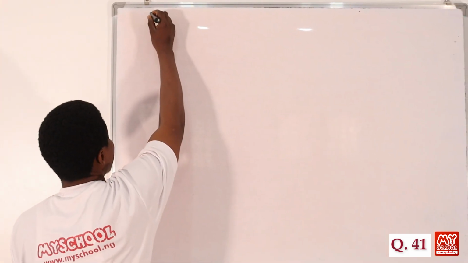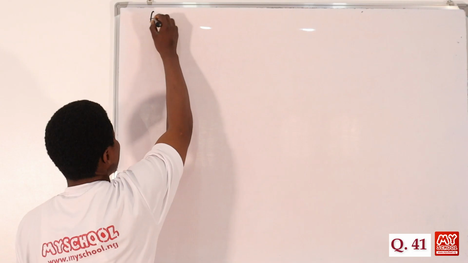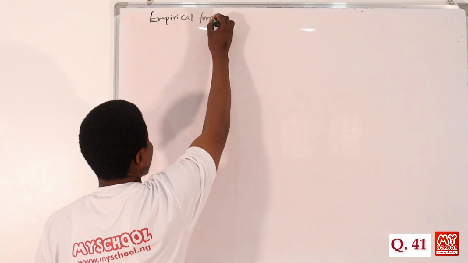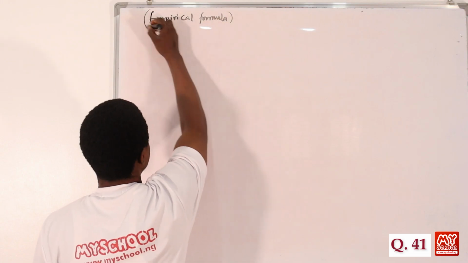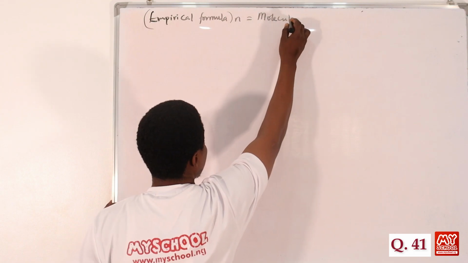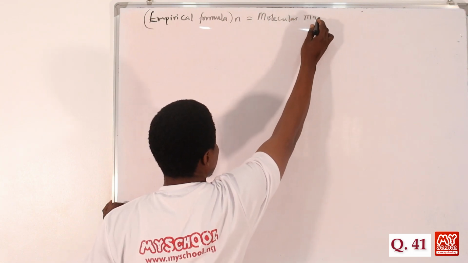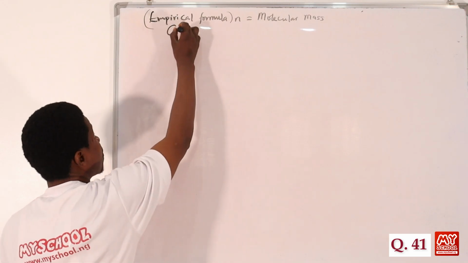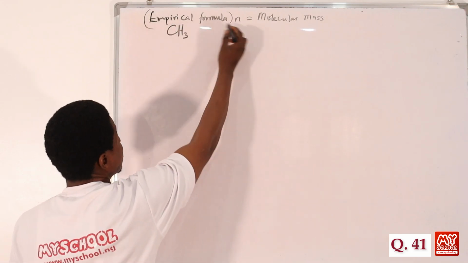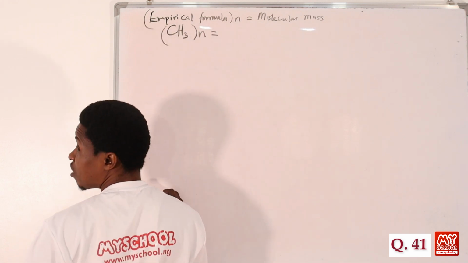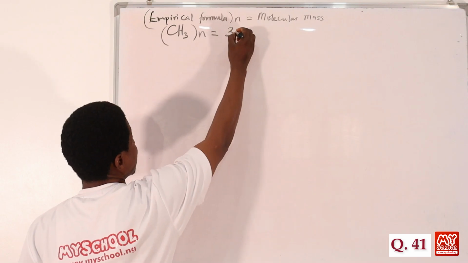So don't forget that empirical formula times n is equal to molecular mass. So we have CH3 times n, equal to the molecular mass given as 30.